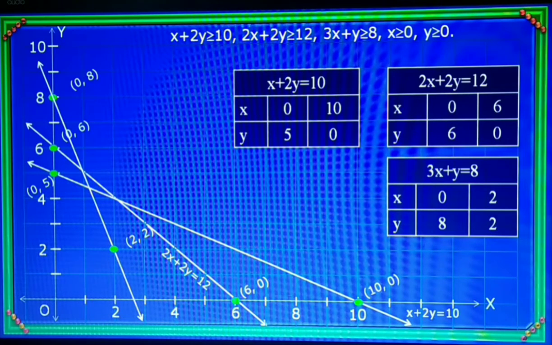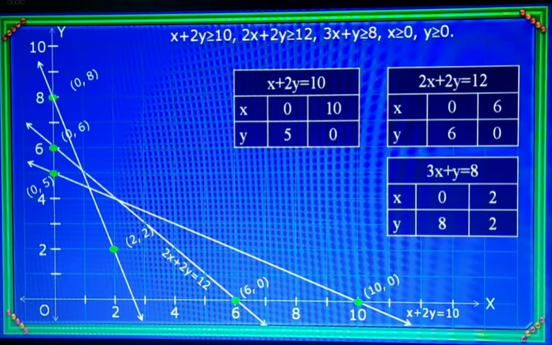Substituting x is equal to 0 and y is equal to 0 in the second inequality, that is 2x plus 2y is greater than or equal to 12, we get 0 is greater than 12, which is not true. Again, the origin is not in the half plane 2x plus 2y is greater than or equal to 12.